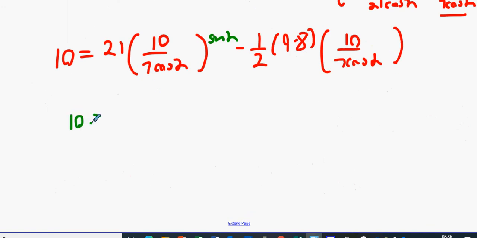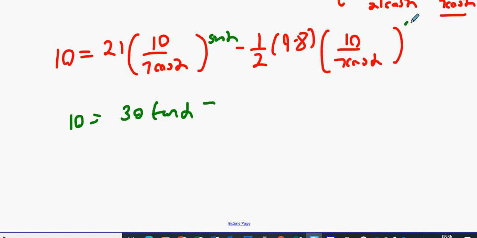10 equals 30. Sine alpha over cos alpha is tan alpha. Minus 4.9 times 10 is 49. What did I do there? t over 2. Oh.